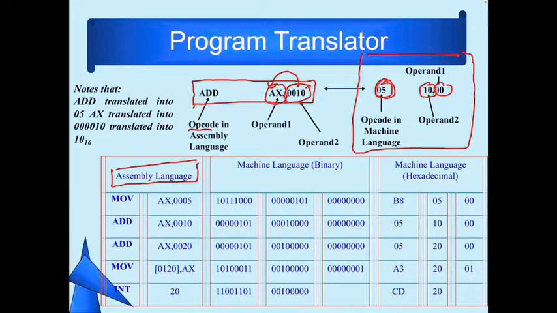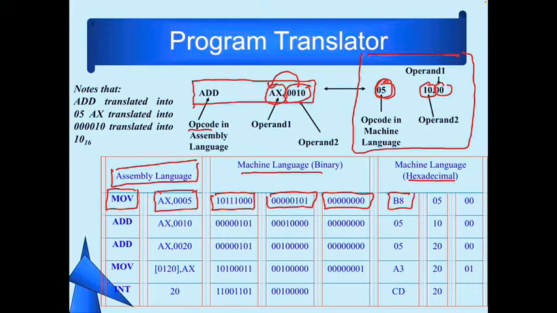So what happened right now? In assembly language we have move AX 0005, and if you look here in binary, it becomes this. Or if you want to look in hexadecimal, we will have this.